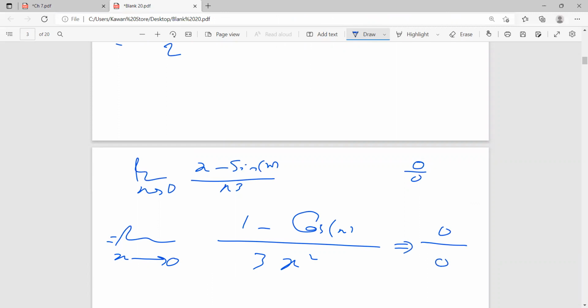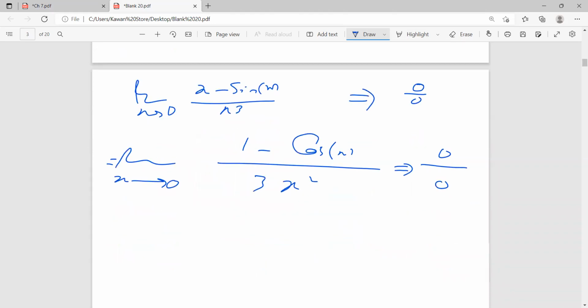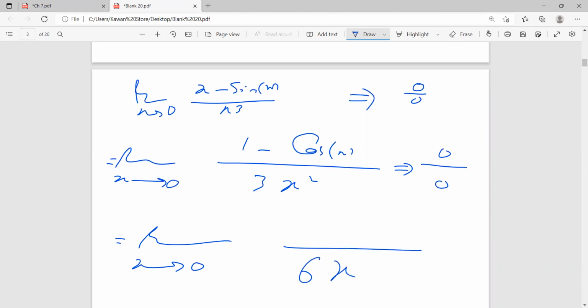Am I right? Good. So again, I'm going to use L'Hopital. So I'll get sine of x over 6x. If I put 0, I'll get what? 0 over 0. So you are right. We got 0 over 0.